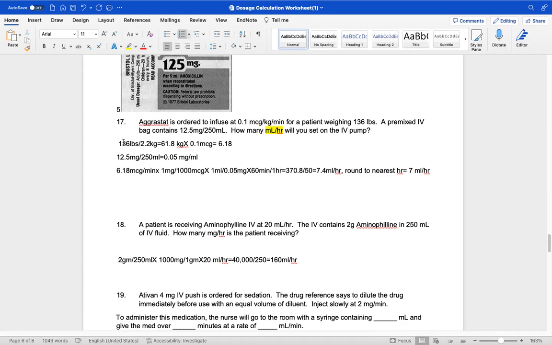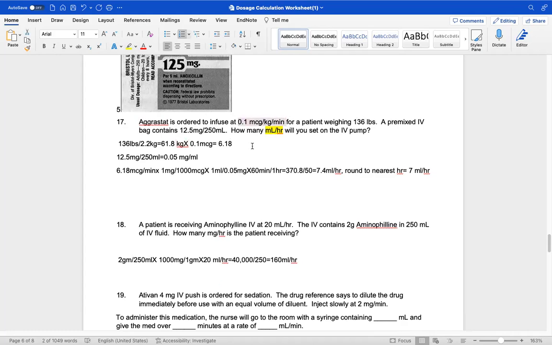So we have 136 pounds divided by 2.2. When we get that, that's going to give us 61.8 kilograms. That is what the patient's weight is. Now, we have to plug this in to figure out what our ordered dose is. Here is what it's asking for.